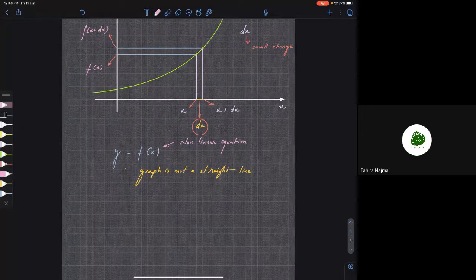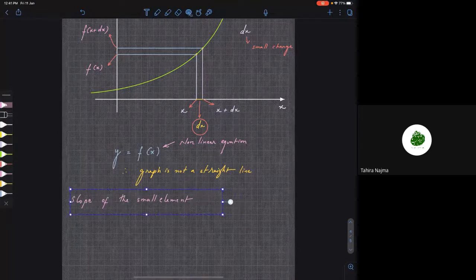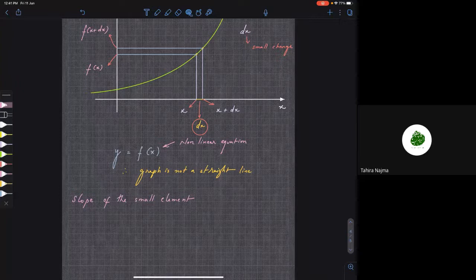Slope of the small element is dy by dx. Agreed?